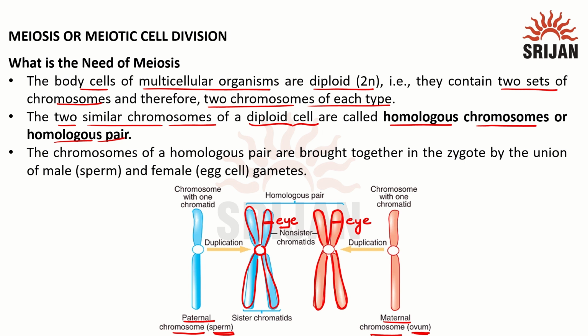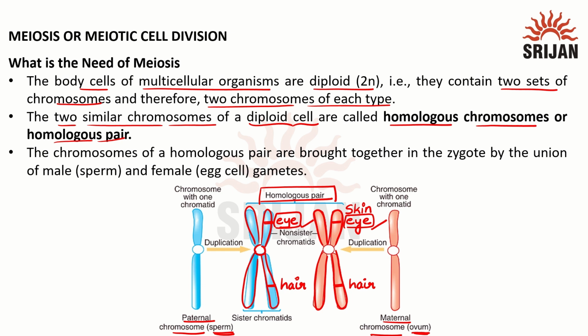Similarly, if this part is coding for hair texture, curly or straight hair, at the same position the mother's chromosome will also have the same gene. Only then do we consider it a homologous pair. If I have a different gene, like this is eye and here I have skin color, we will not consider that homologous. That will be non-homologous. So, it should have the same set of genes at the same position.